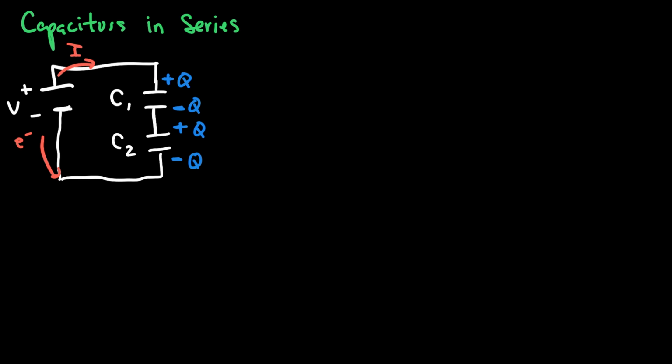And so once again, we're going to use the fact that Q is equal to C delta V to find the equivalent capacitance. I know that 1 divided by the total capacitance is equal to the total voltage divided by the total charge.